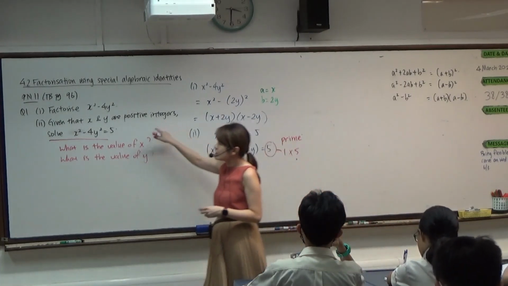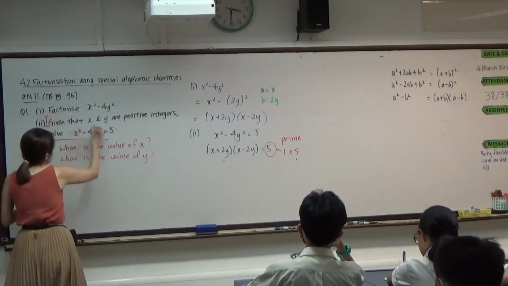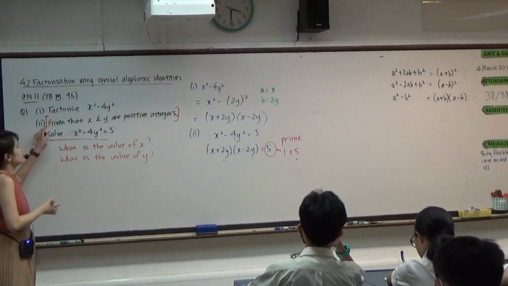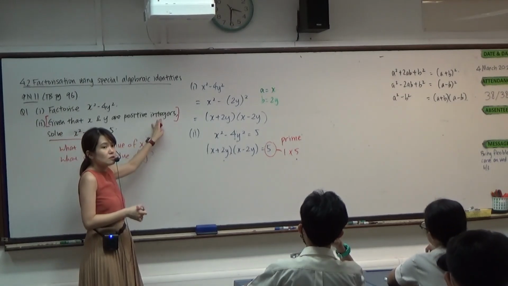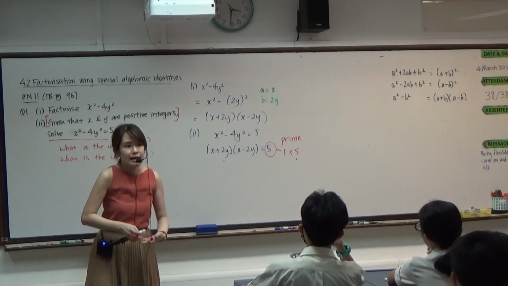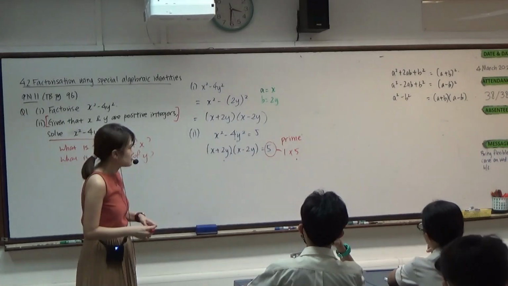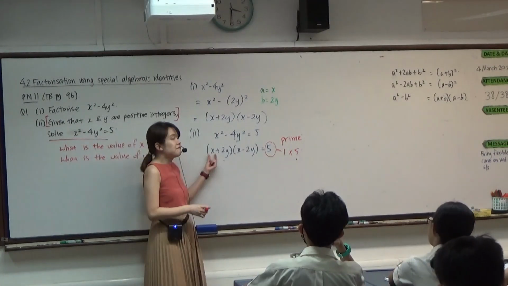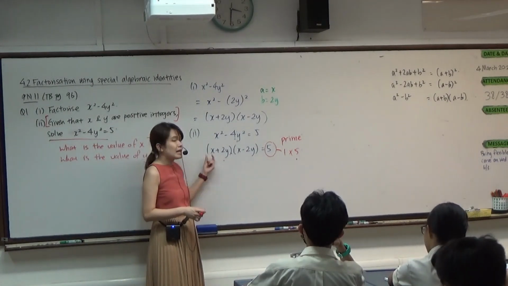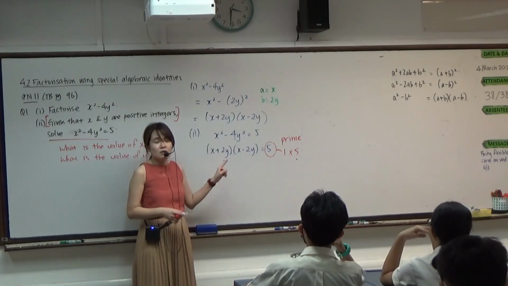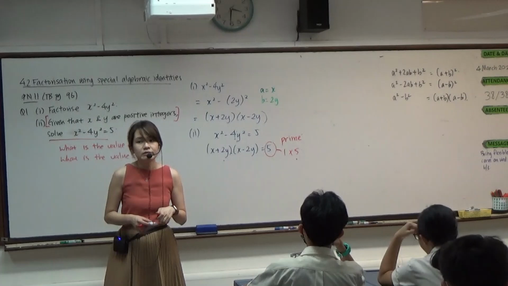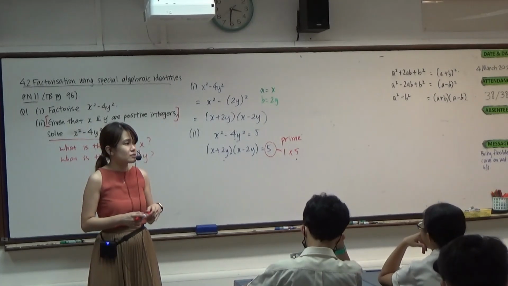The question gave this condition that x and y are positive integers, so you can think about it as your whole numbers, just that 0 is not involved. If I have two numbers that are positive integers, when I add them up together, is it possible for us to get a fraction?